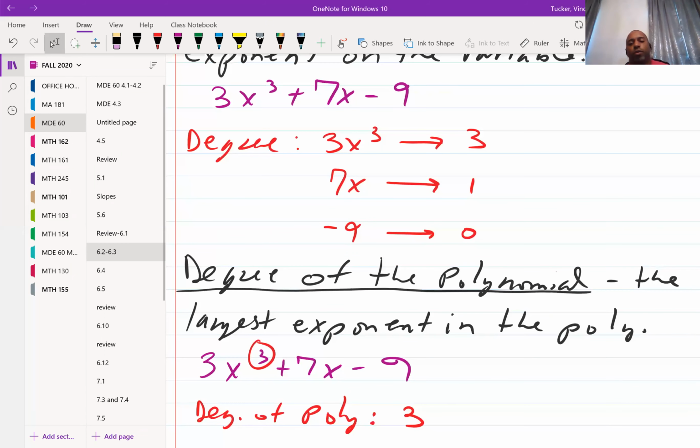All right, next one, the degree of the polynomial is the largest exponent in your polynomial. So the degree of this polynomial will be 3. Any questions?